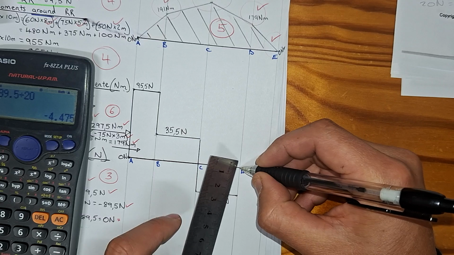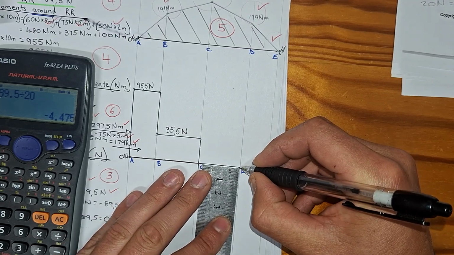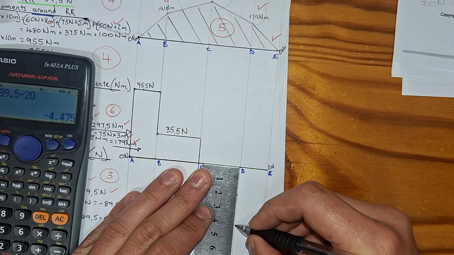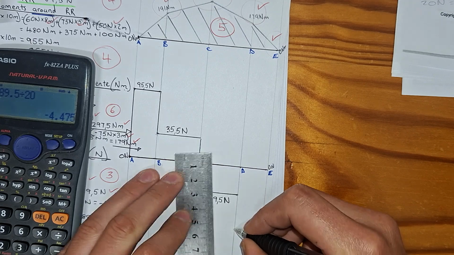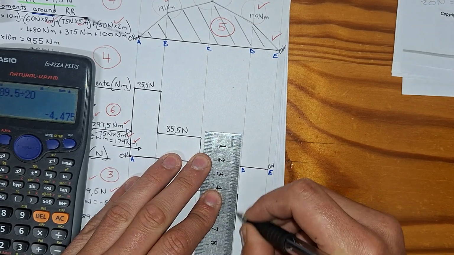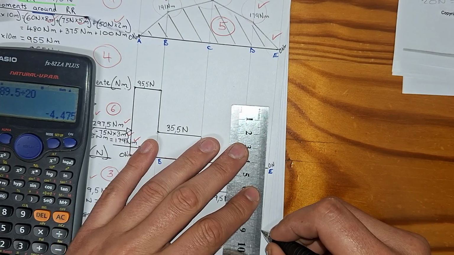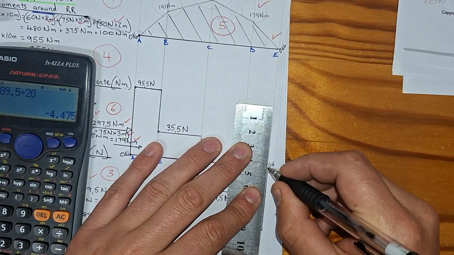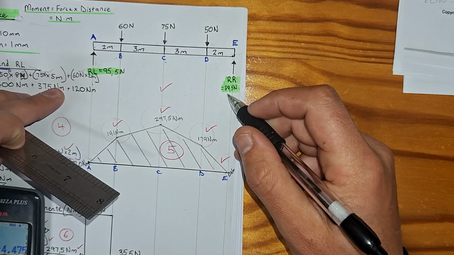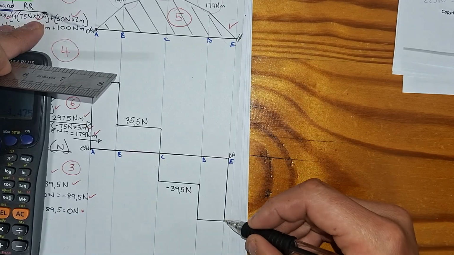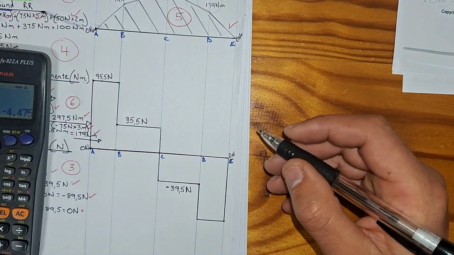So from the 0 newtons line, align your ruler, goes down 4.475. That will be a line going up to that point, horizontal up to E, and then at E it was supposed to be added by 89.5, which is a vertical line ending at the 0 newtons line.